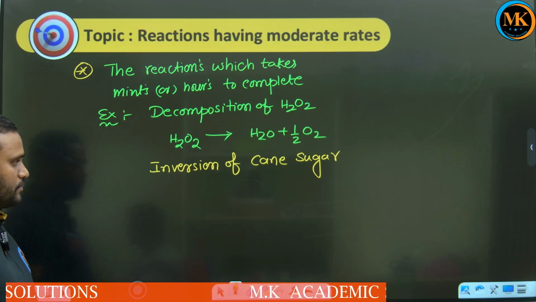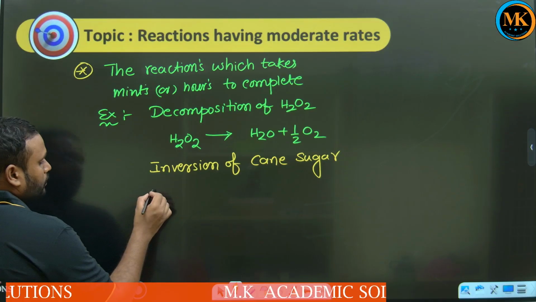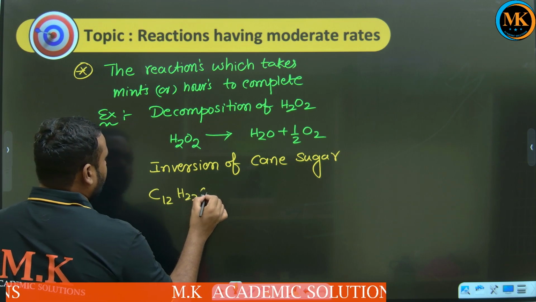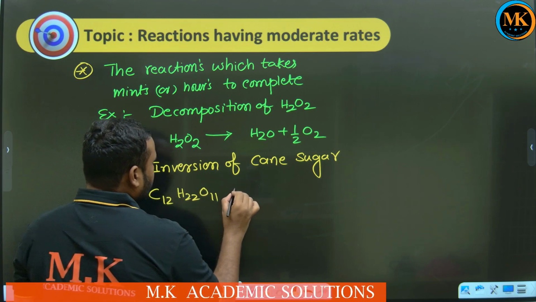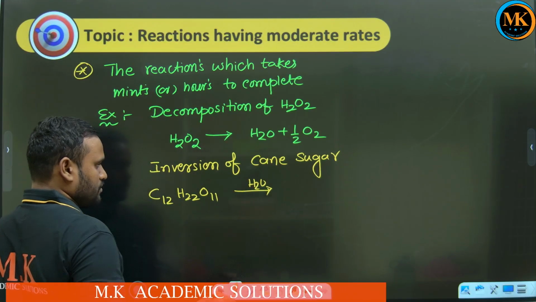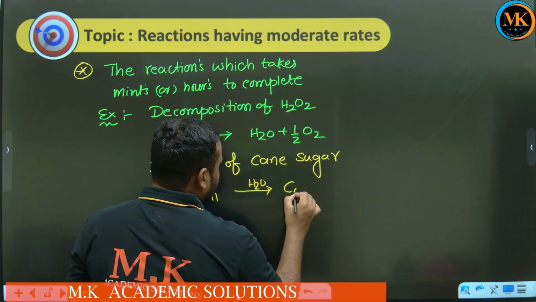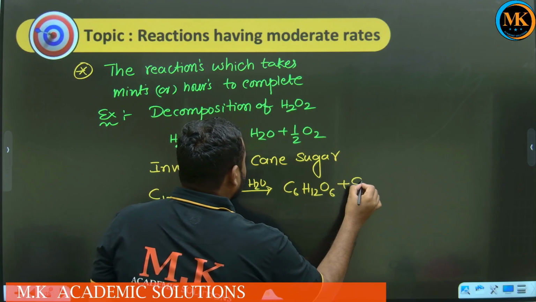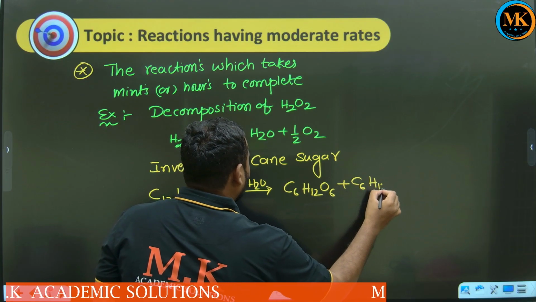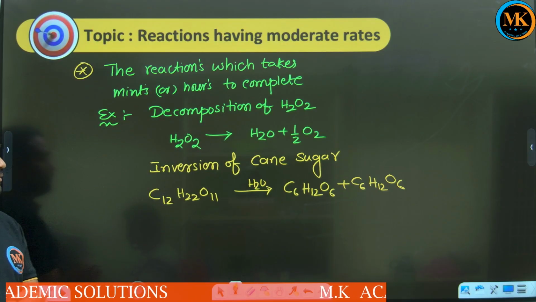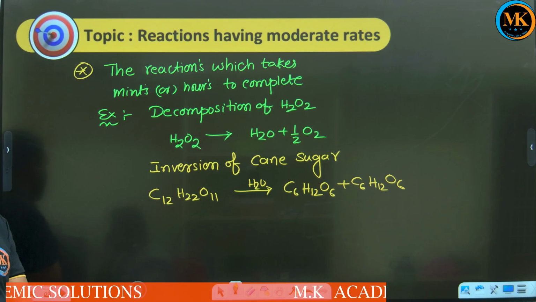Inversion of cane sugar means, children, the sugar molecule C12H22O11, in the presence of water or acidic medium, gives rise to C6H12O6 plus C6H12O6. So this is the inversion of cane sugar, which is an example of a moderate reaction.